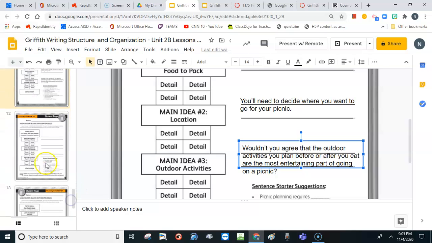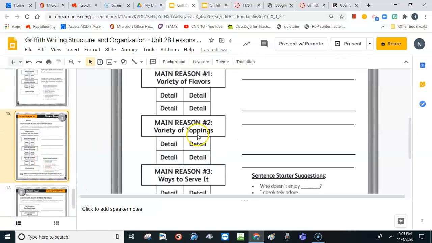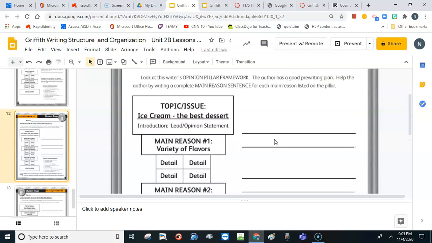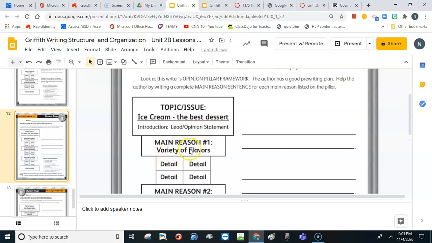Then now what you're going to do, you're going to work with some partners, and I want you to develop main idea reasons sentences from these blurbs that are here about ice cream, the best dessert.